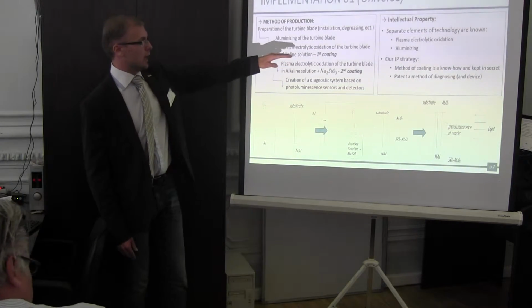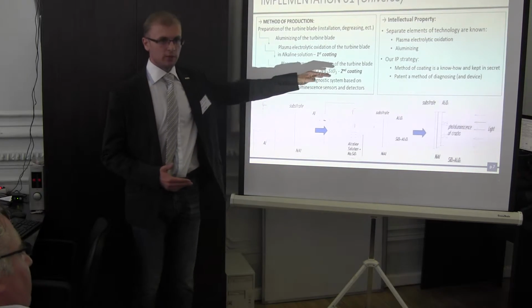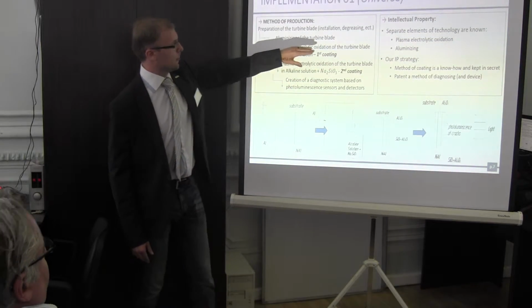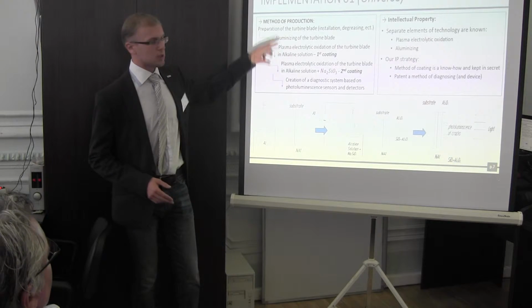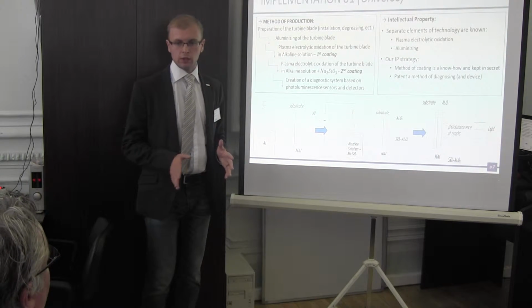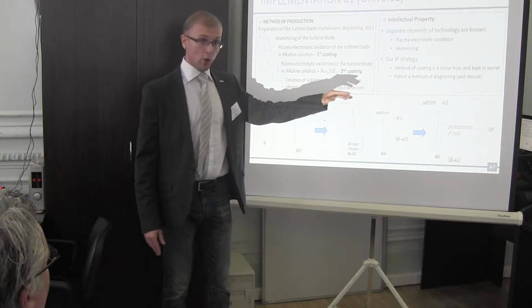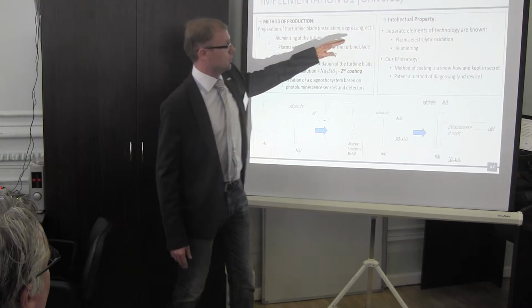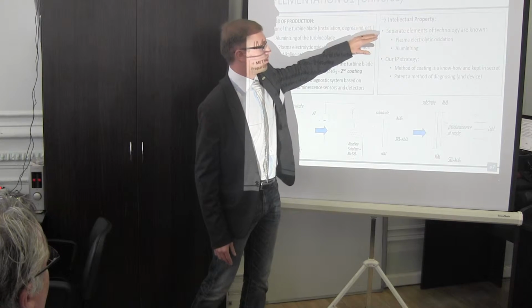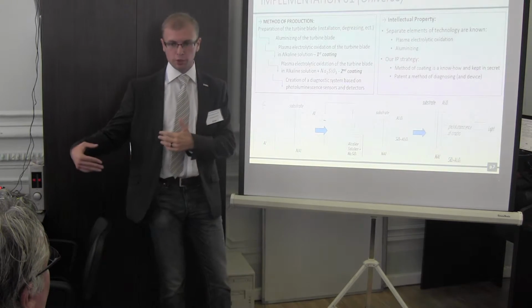In terms of the IP, how do we see this business? Actually, all these elements separately are known in the world and these technologies are used. So we suppose that we need to make a patent on this method of coating.